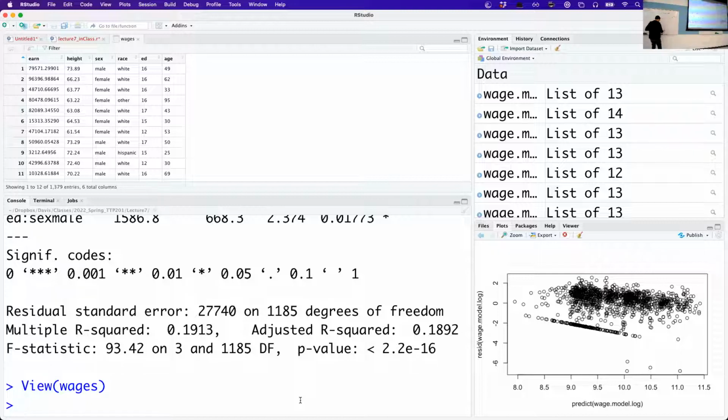Oh, hang on. Maybe I'll do it like this. Calibrate model. So this is my test model. We'll do it like this.